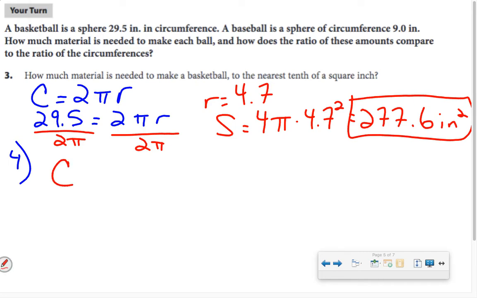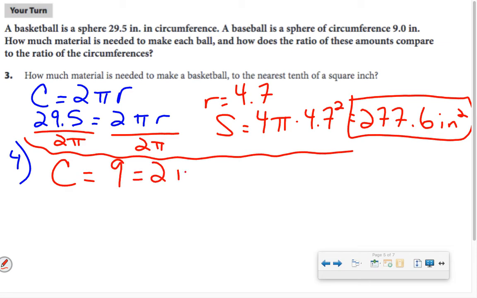Again, I have to work backwards from the circumference in order to find the surface area. The circumference of a baseball is 9, and that equals 2 pi r. I'm going to divide both sides by 2 pi, and that means my radius is approximately 1.4.